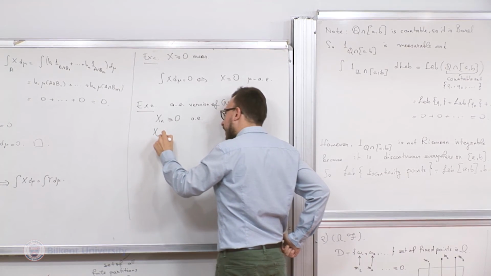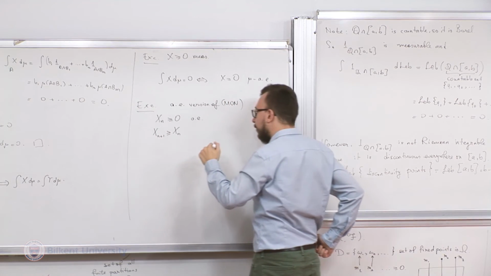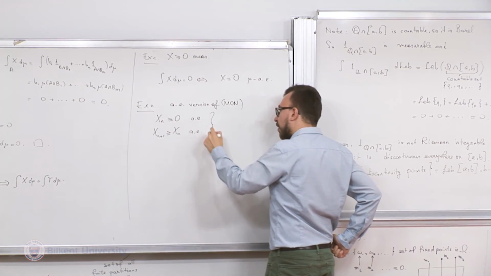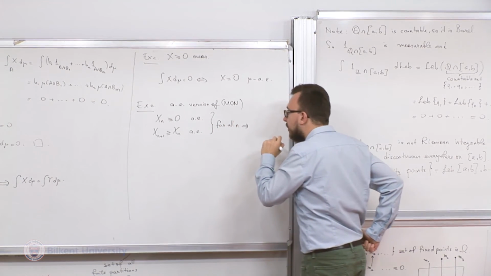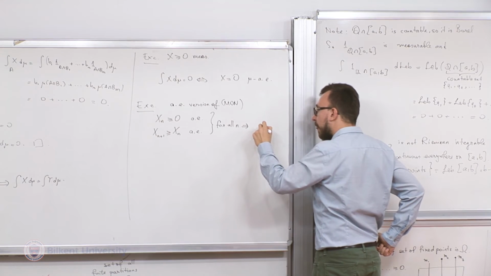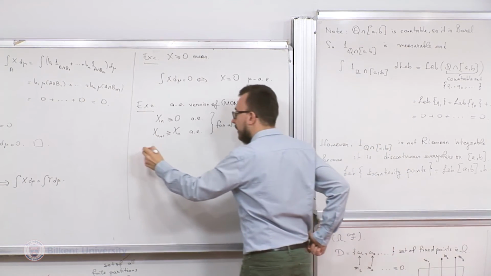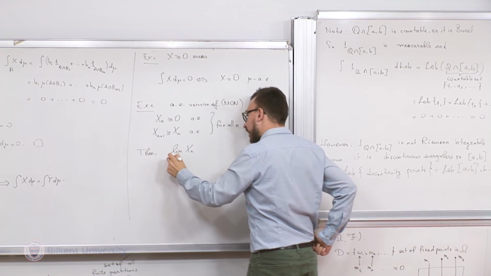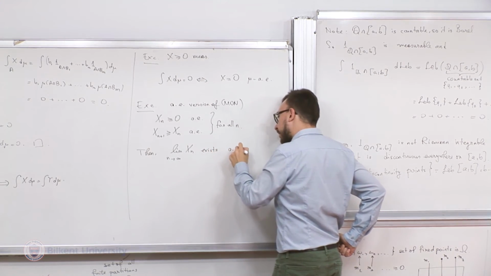What does it say? x(n+1) is greater than xn. So this is an increasing sequence. I make it almost everywhere for all n. Then the result doesn't change. But I should write it in the following way. Then the limit exists almost everywhere.